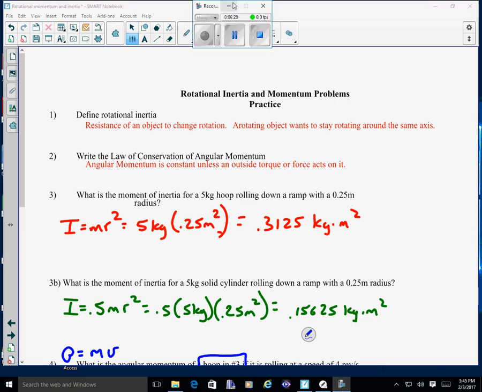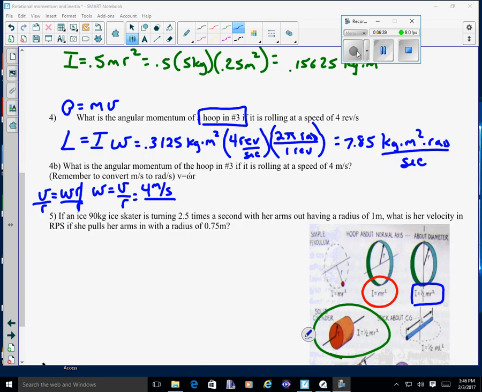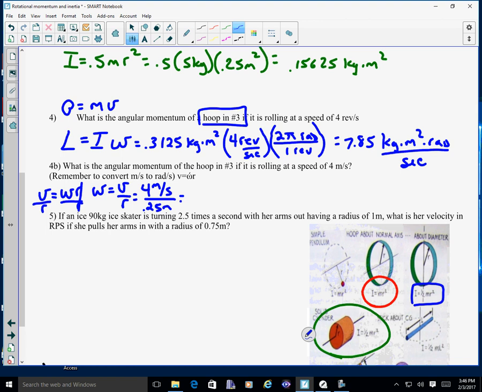Okay, I'm going to divide it by my radius of 0.25 meters. And so that gives me 16. Now what we've got to do is throw in the formula here of I omega. So L equals I times omega.